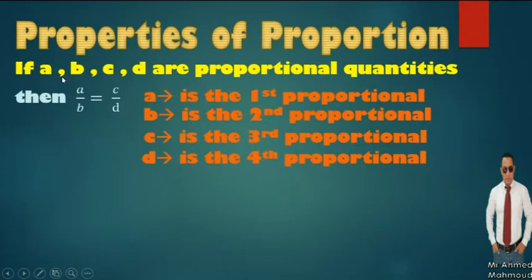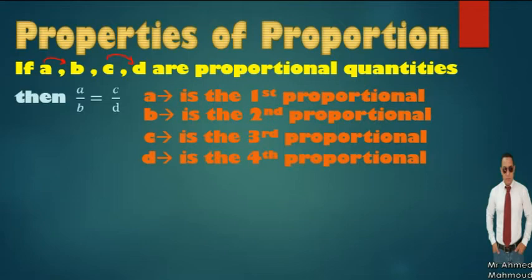Then I can put them in a fractional form like this: A over B equals C over D. A is called first, B second, C third, D fourth. This is the fourth proportional.